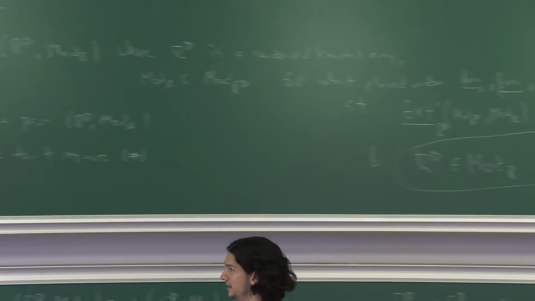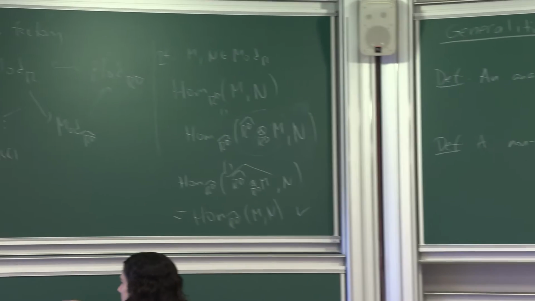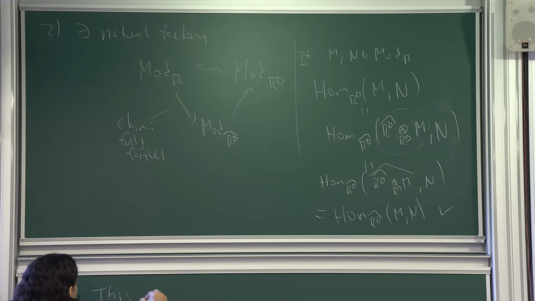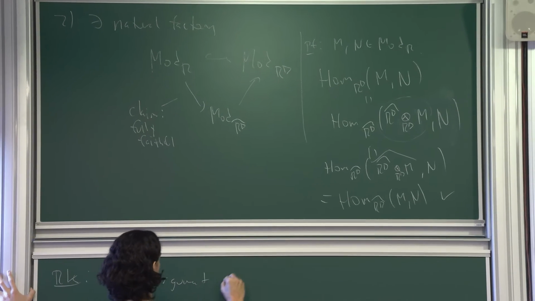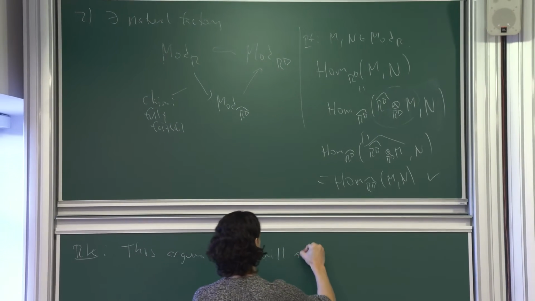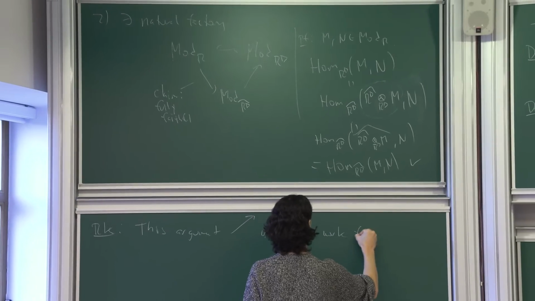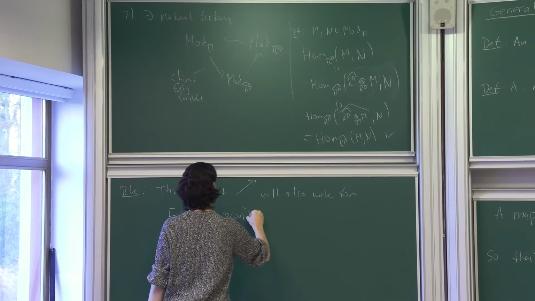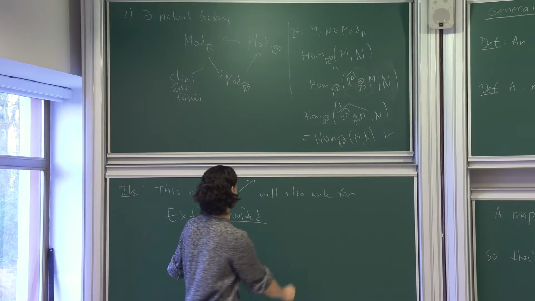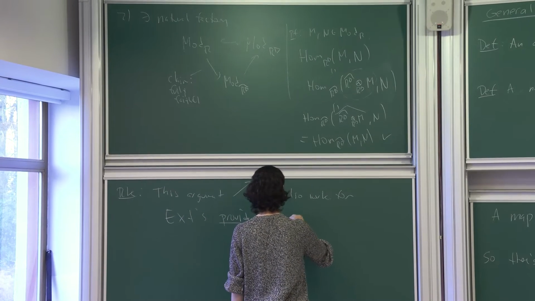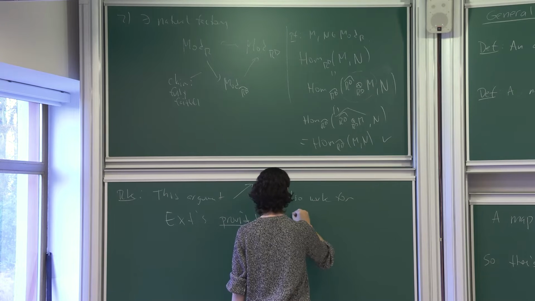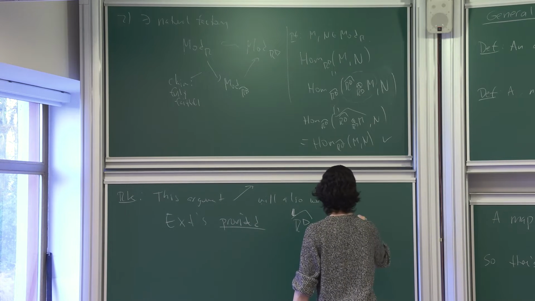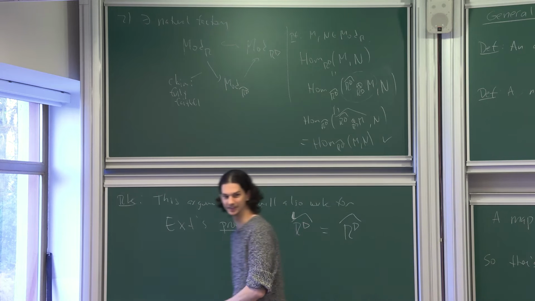Remark: this argument for full faithfulness will also work for Ext, provided that the derived completion on R triangle is the same as the completion on R triangle.